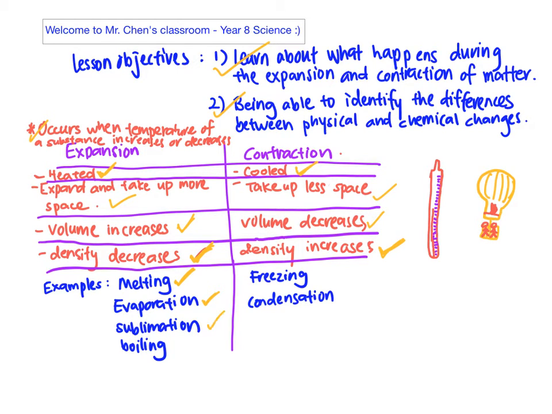Sublimation is when a solid turns straight into gas. For example, dry ice, which is solid carbon dioxide, turns into carbon dioxide gas straight away through this process.